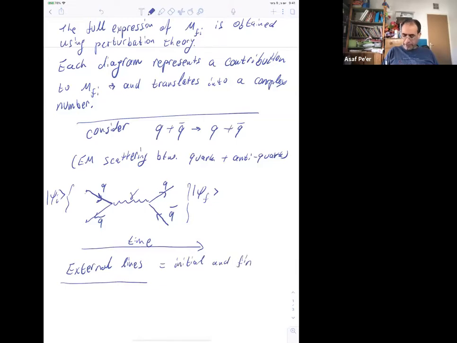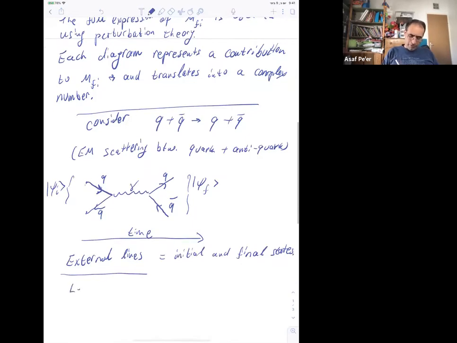That's true for any Feynman diagram, of course. So the left side is the initial state particles, so to the left we have psi I, and to the right is the final state.